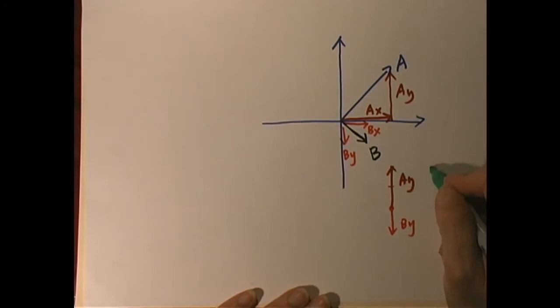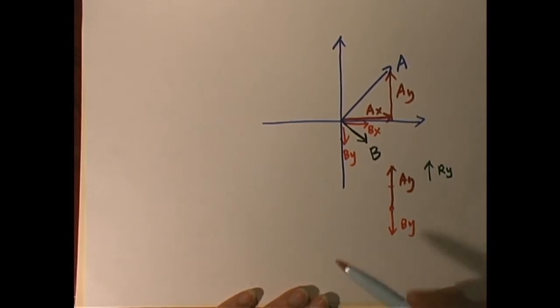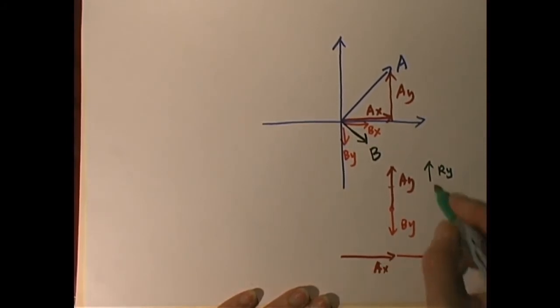So the resultant will be Ry of this much left. And then for the x, because we have this much of Ax and we have that much of Bx, our resultant will end up a lot.